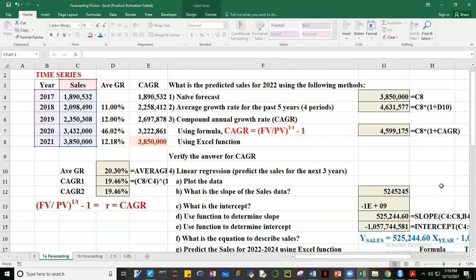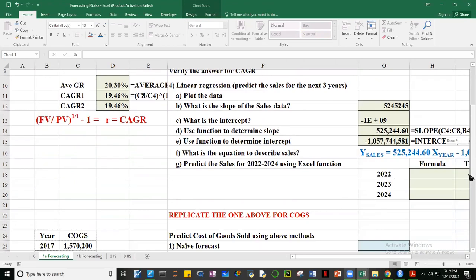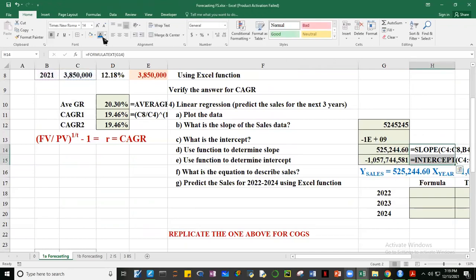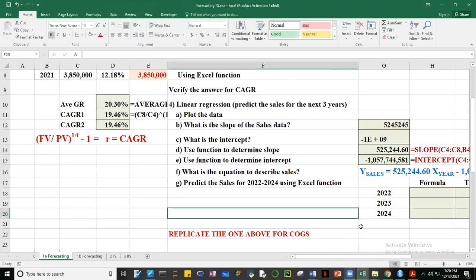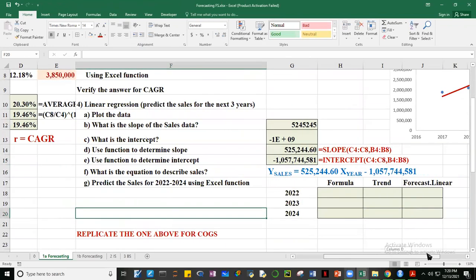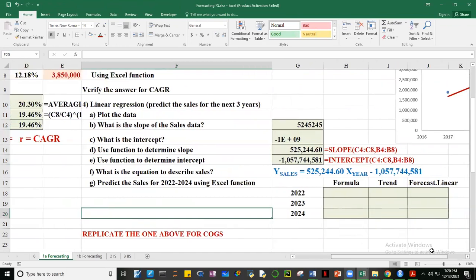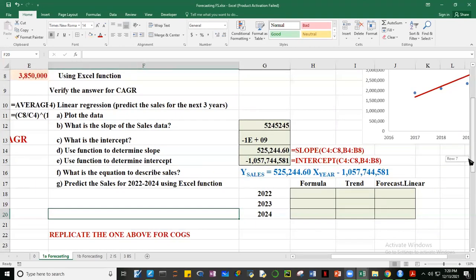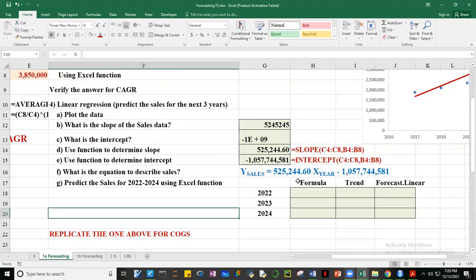But of course, you can also compute for the slope and the intercept. So here we use the slope and the intercept. And once we have the formula for the slope and the intercept, alam na natin, guys, yung equation. Kasi your y variable will simply be equal to your slope, di ba? Times your x variable plus the intercept itself.